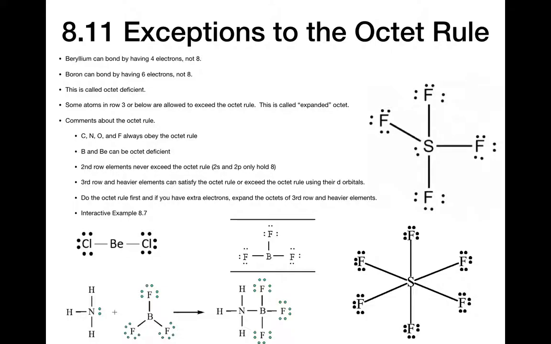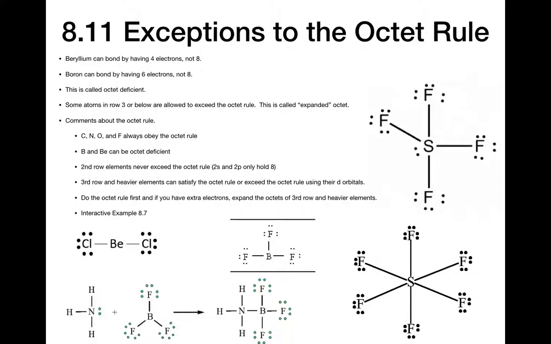In other words, it doesn't have an octet. It's what we call octet deficient. Beryllium typically bonds by having 4 electrons or 2 shared pairs. So down below we see BeCl2. This is an exception to the octet rule, and you just need to remember that beryllium will make 2 bonds and not 4 bonds.